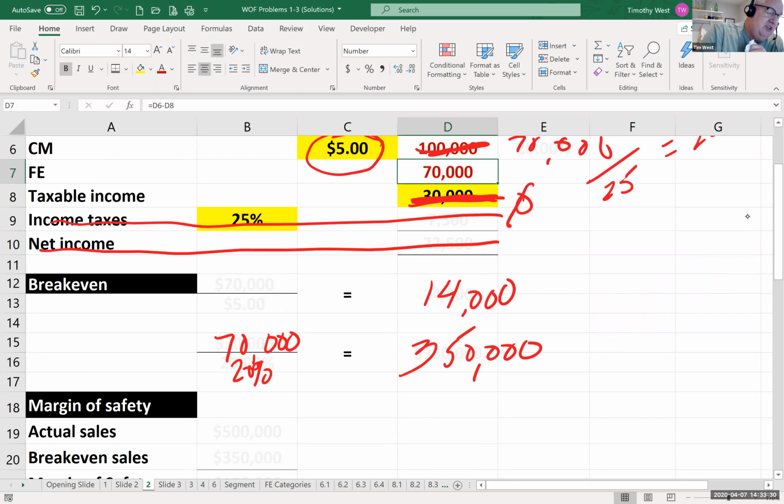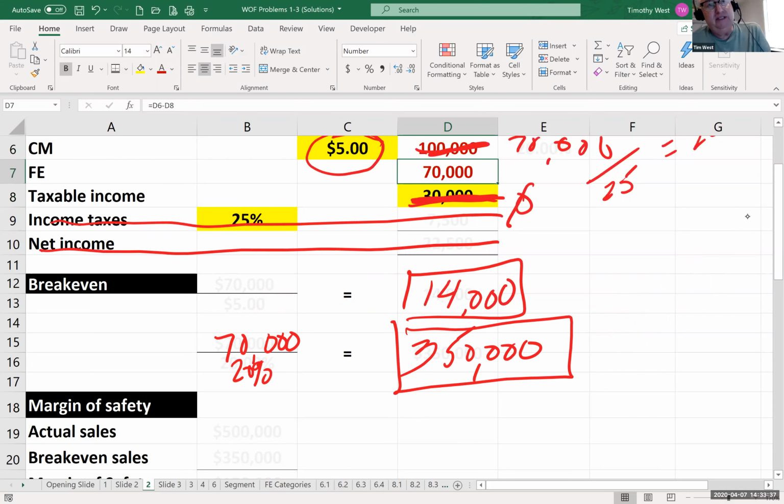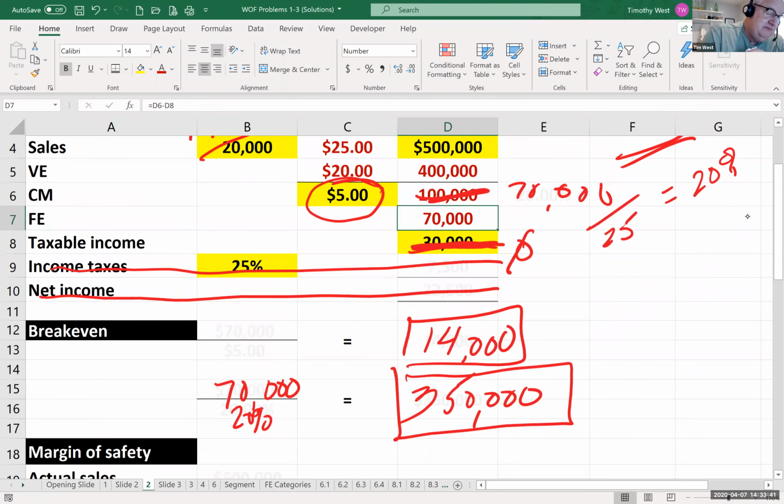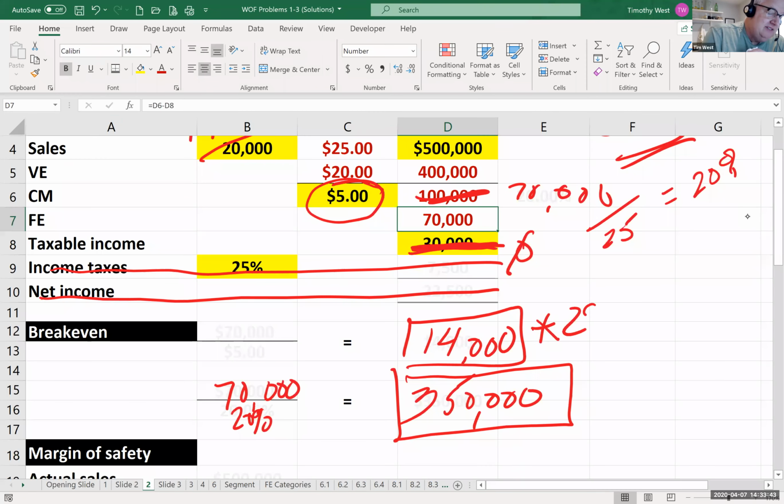So I can get it in units or I can get it in sales dollars. The other piece to remember is if I take the 14,000 times the $25 sale price, I get the same thing. Okay. So there's a variety of different ways to get there, but that's basically the piece.